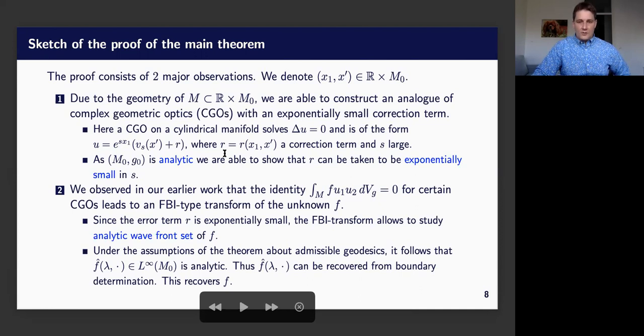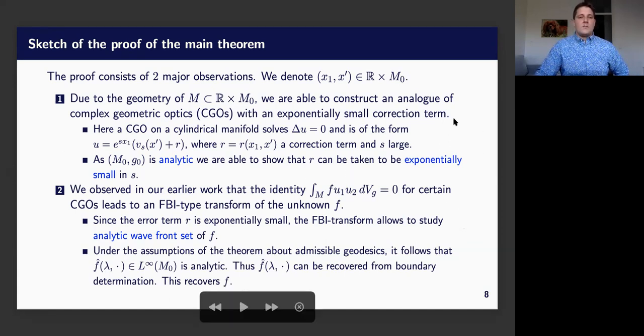So r is a correction term as usual, and s will be a parameter which is large. Now, since this transversal manifold is analytic, we are actually able to show that r, the correction term, can be taken to be exponentially small in this large parameter s.